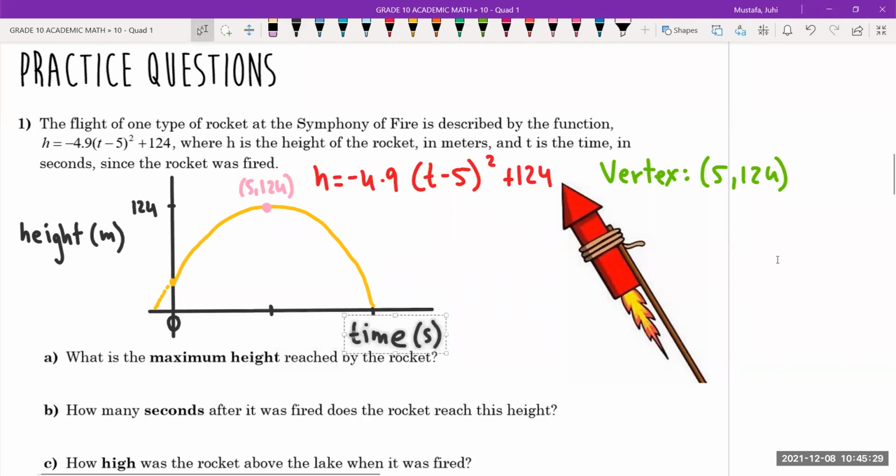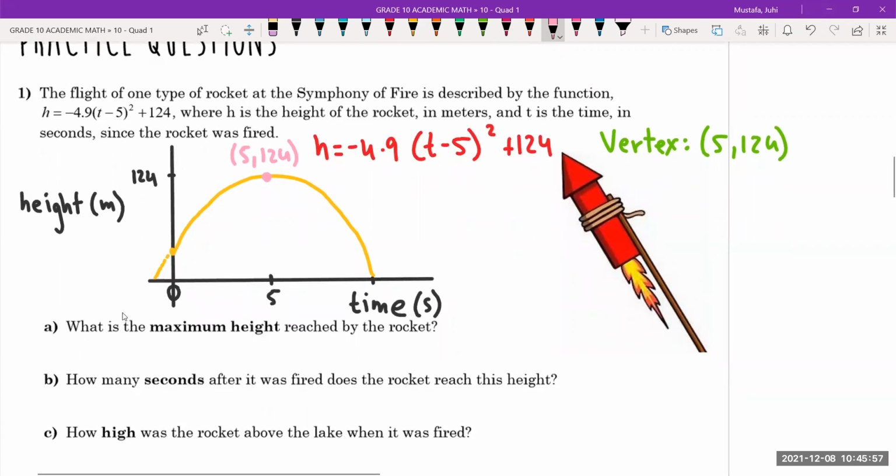This is why I just wanted to write that there, because then I can write the number 5 over here. Okay, I'll repeat that one more time. So our vertex is 5, 124. It means starting from the origin, you're going 5 units this way and 124 units this way. Okay, now using this, any questions about this so far? You may have questions, but just keep them in your mind while we answer the questions.